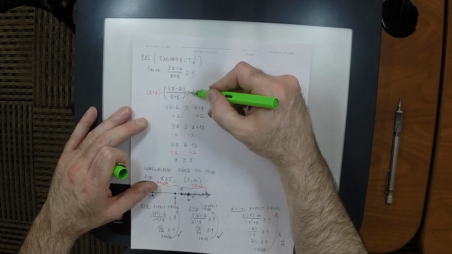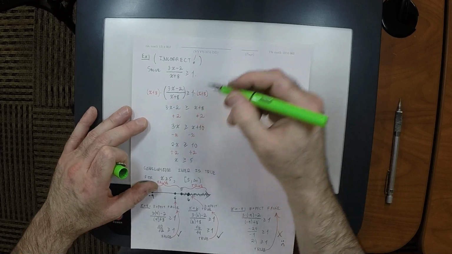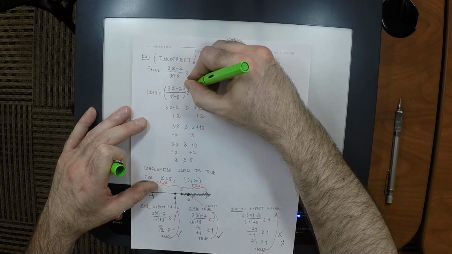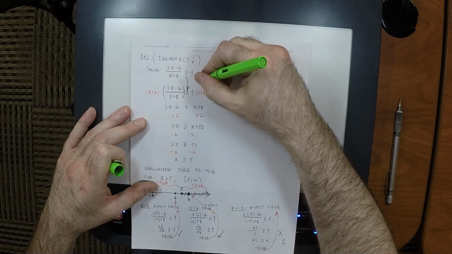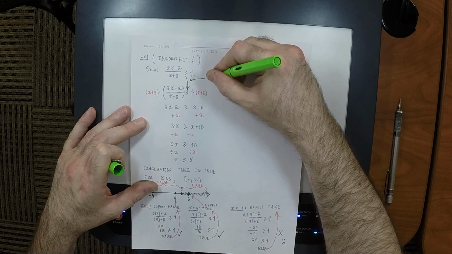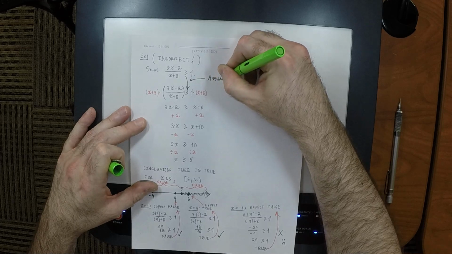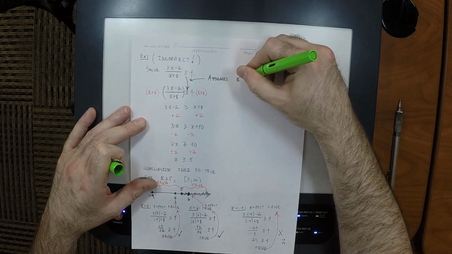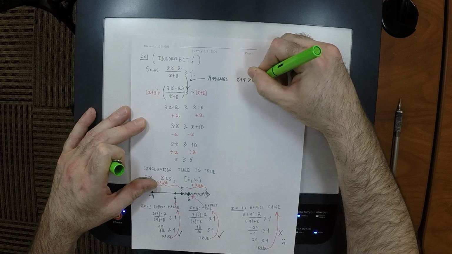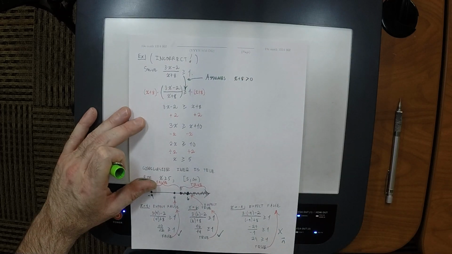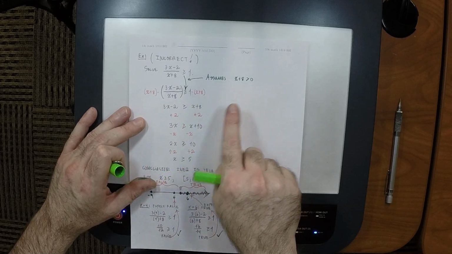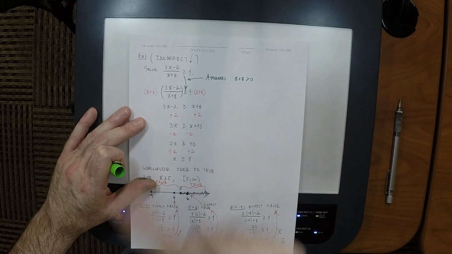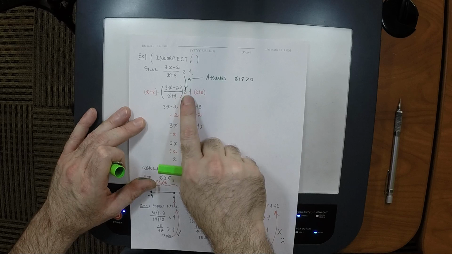It's this way, and then it's that way again. So when we move from here to here, multiplying both sides by x plus 8, we are assuming that x plus 8 is positive. It couldn't be 0 because that's not legal, and it couldn't be negative because apparently we kept the direction.